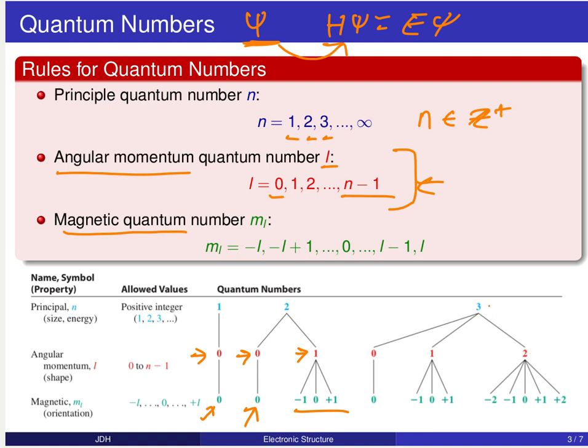We can go all the way up to n minus 1. Now n is 3, 3 minus 1 is 2. So we're getting 0, 1, and 2. And then m sub L assumes all possible values ranging from minus L to positive L. So we get a minus 2 all the way up to a plus 2.